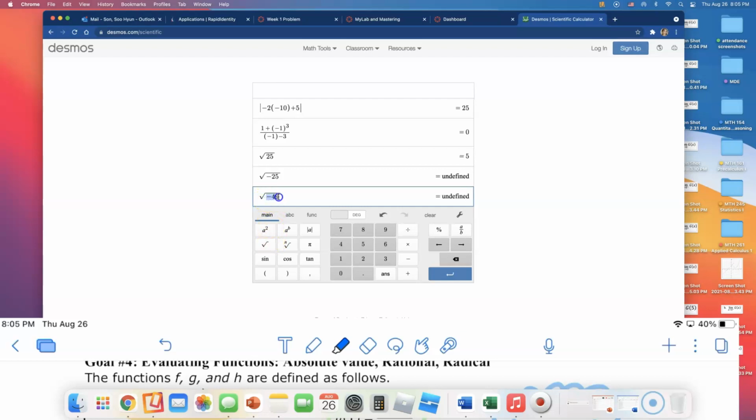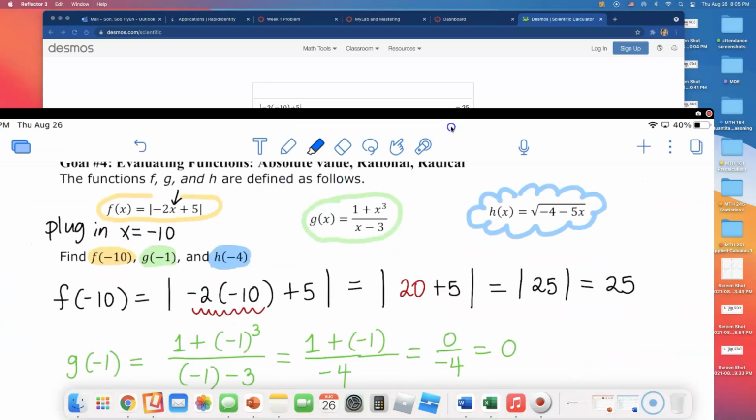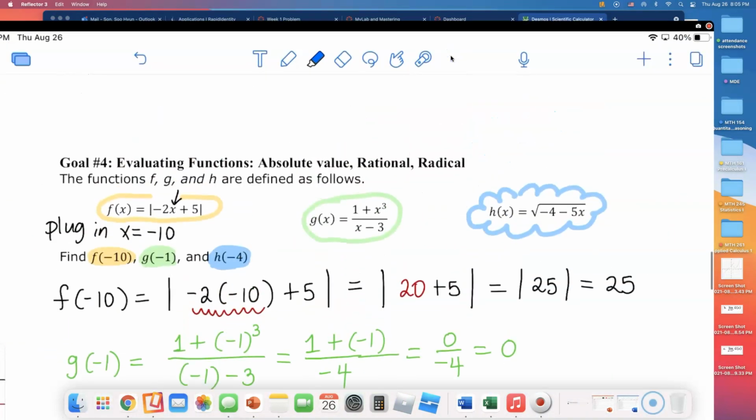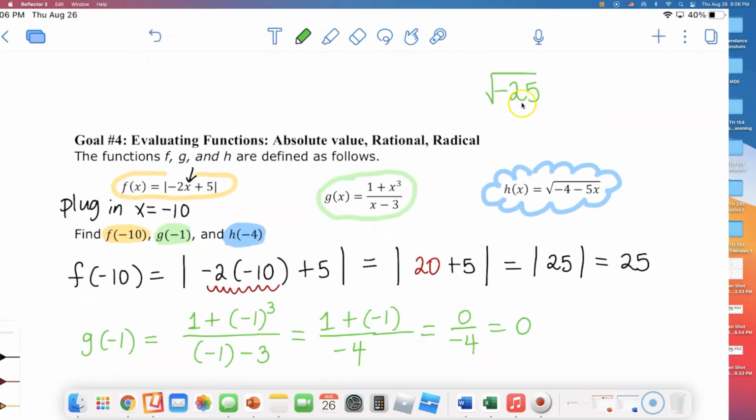Negative radicands, this is not real. Why? Let's talk about that real quick. What they are saying is, what number squared will give you -25? Well, obviously, 5 squared is 5 times 5. That's positive 25, right?